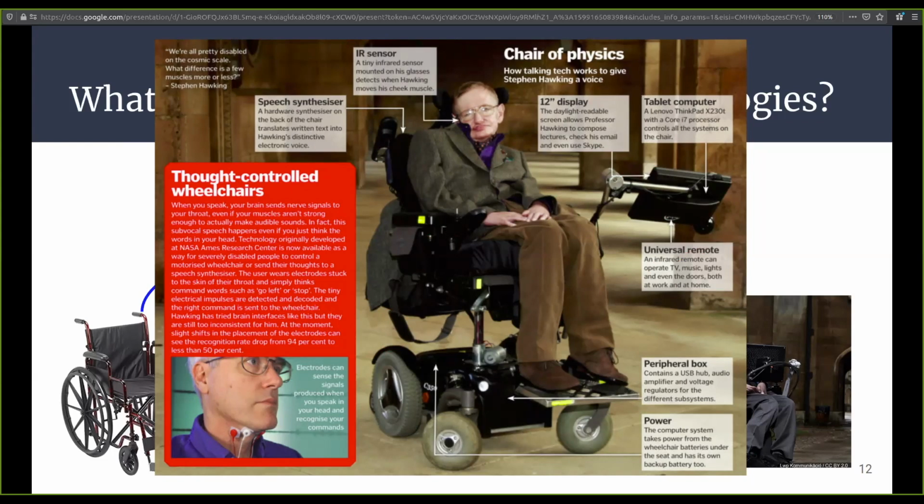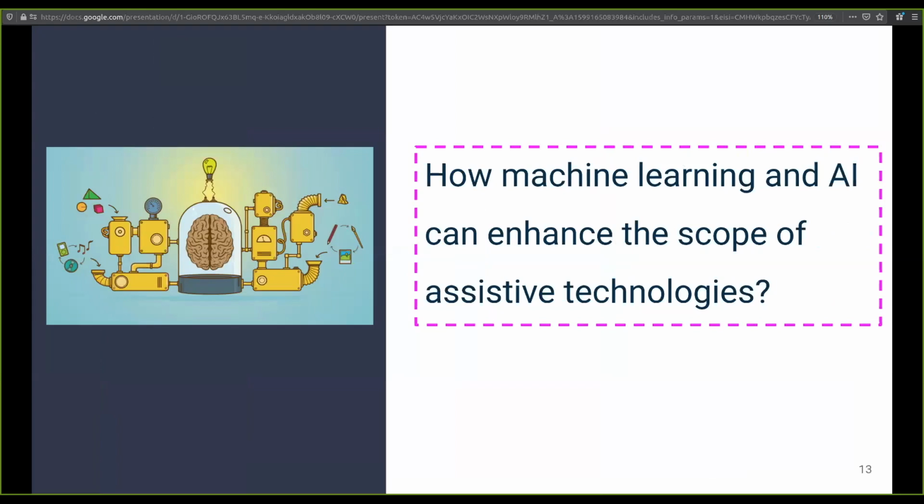And the thing is that not everyone can afford a $500,000 device. And that's where AI and machine learning comes into the discussion: how AI and machine learning can help modern assistive technologies learn from generic patterns towards designing more personalized scenarios.